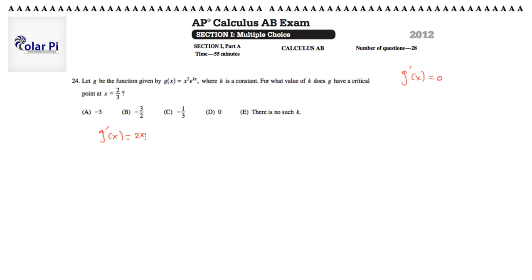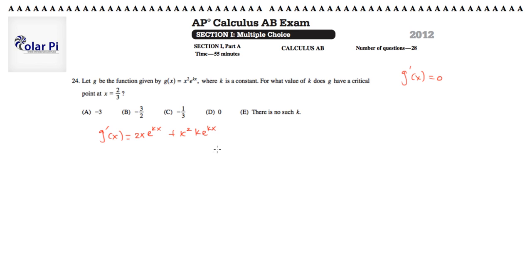So the derivative of f of x, which is f prime, is 2x, and we'd want to multiply f prime of x with g of x, which is e to the kx, and then plus x squared, f of x, times the derivative of g of x, which is k times e to the kx, right? This is g prime.